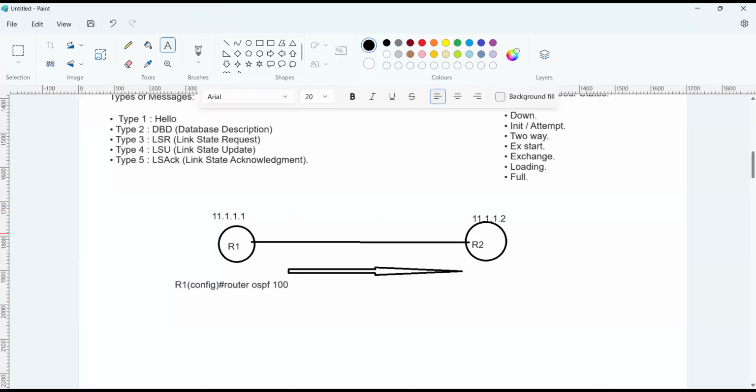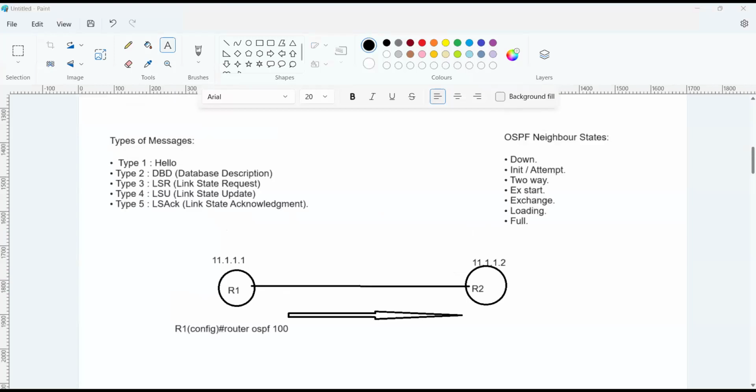They are sending hellos with the router ID, but since only one side is enabled, that is the down state.